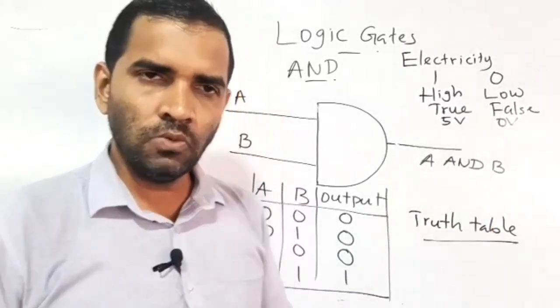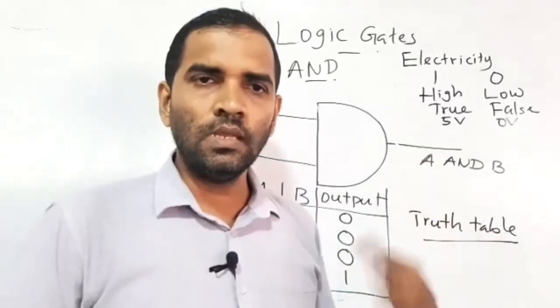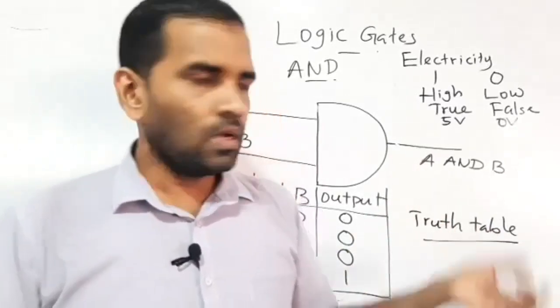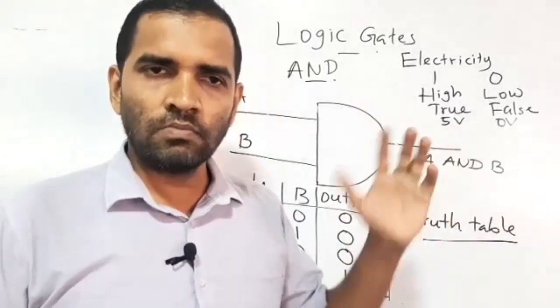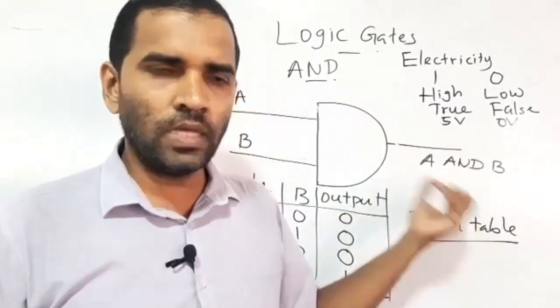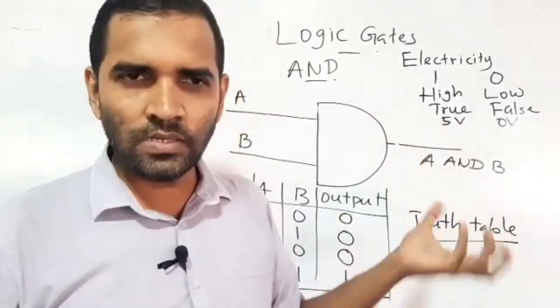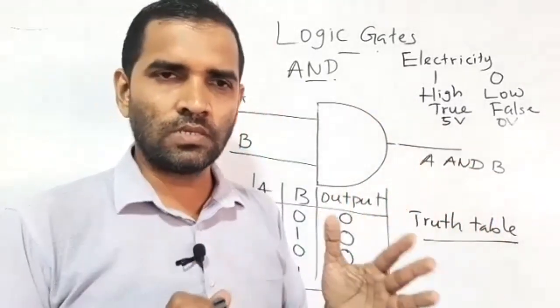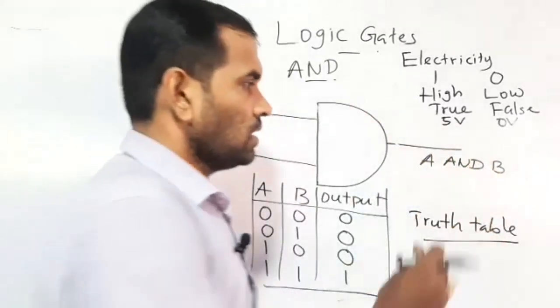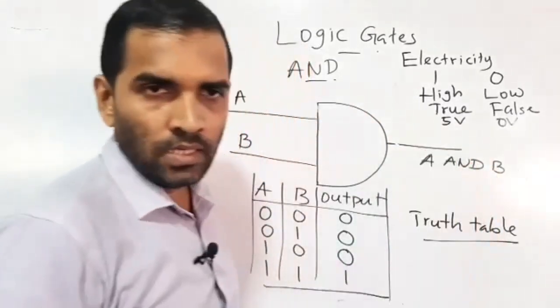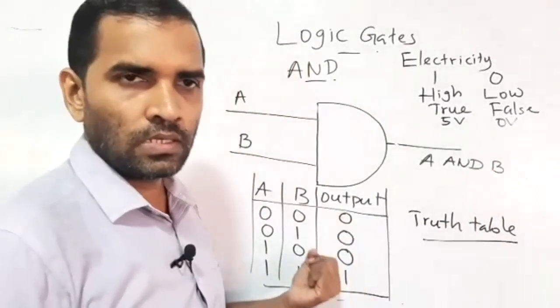Definitely it is correct, this may be the right answer, but we often ignore it because it is a little difficult to write. So instead of writing A AND B, we use a symbol for the AND gate.